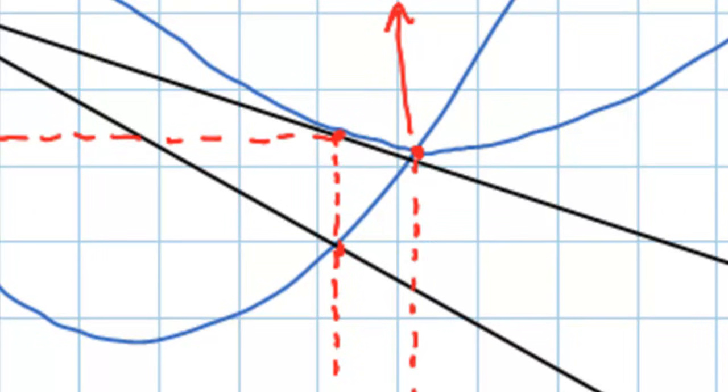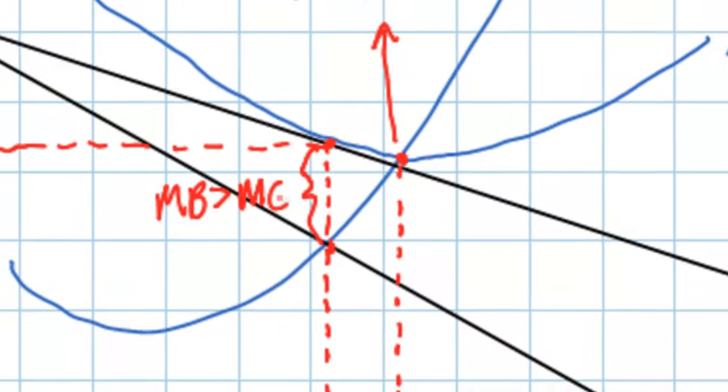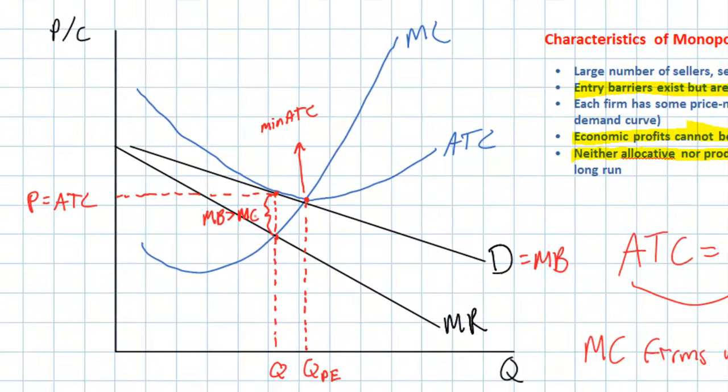At the firm's quantity, we can see that the marginal benefit to society is greater than the marginal cost to the firm. So the firm is not being allocatively efficient. It is restricting its output. It is producing something less than the socially optimal quantity in order to maximize its profits, in this case to break even.